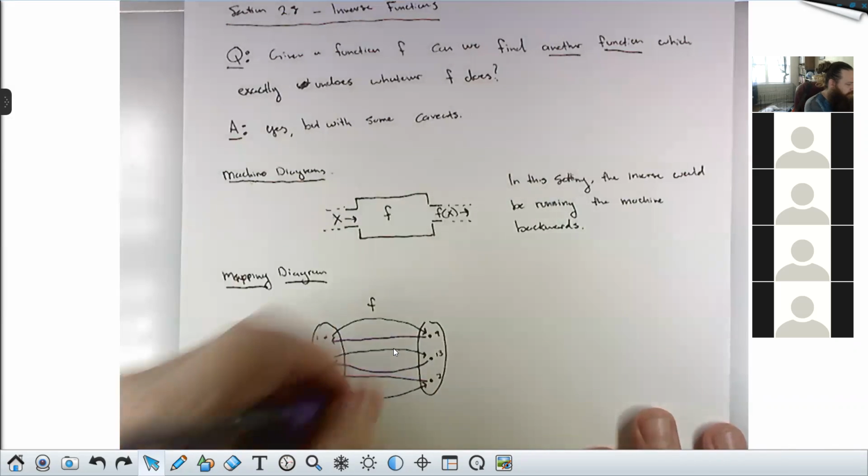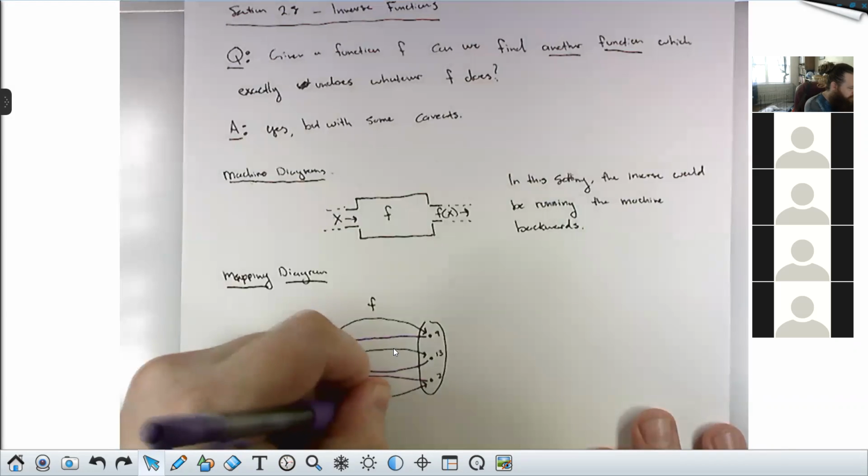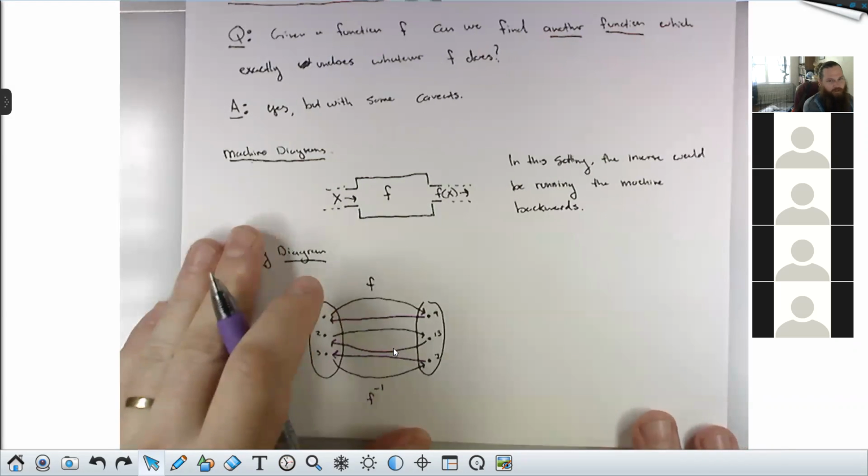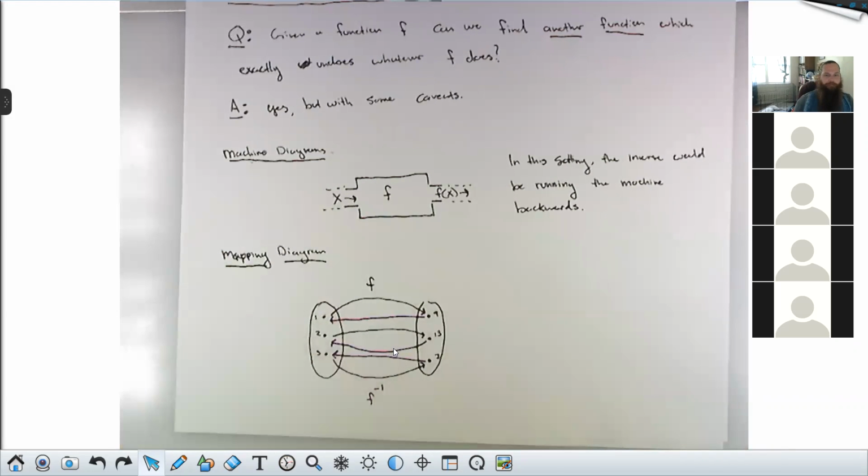So the purple here would be f inverse. The notation we use is a little -1 looking like a power there. So the function f in black here is one where we can undo it quite easily. You just send all the arrows back the other way. You send each output for the original back to the input from which it came.